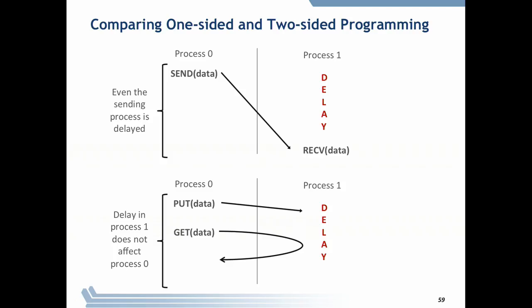And so again, looking at it this way, in the two-sided, you explicitly send data, and the target process has to explicitly say how it wants to receive it and where that data is going to go. There are good things about that.